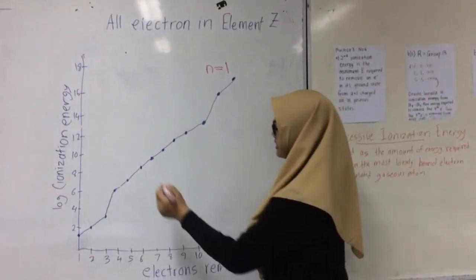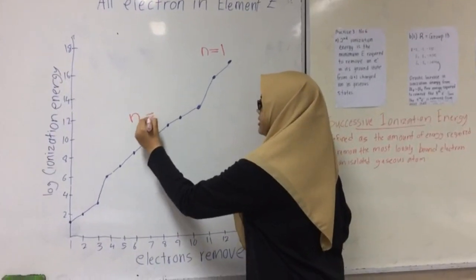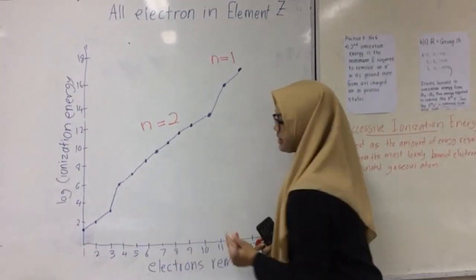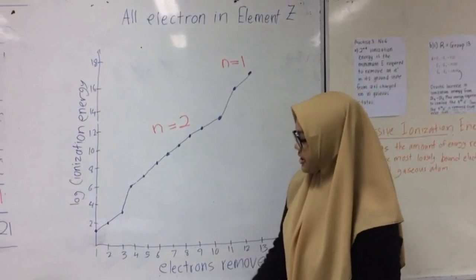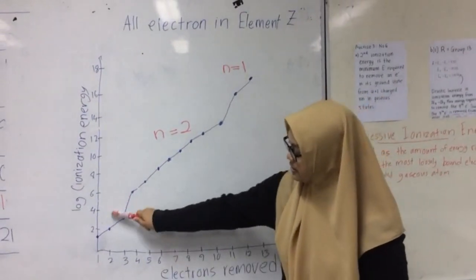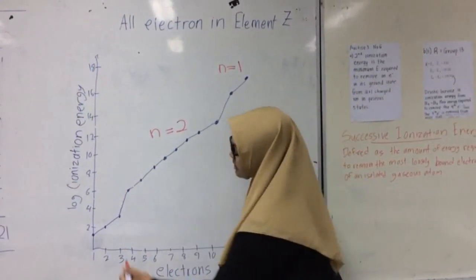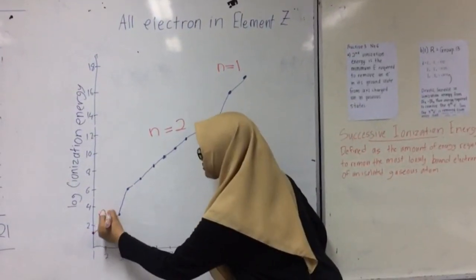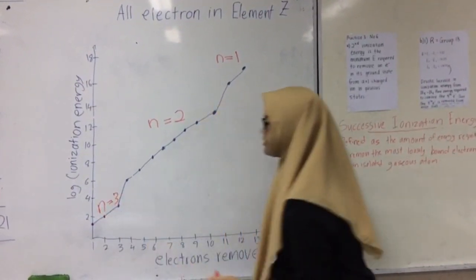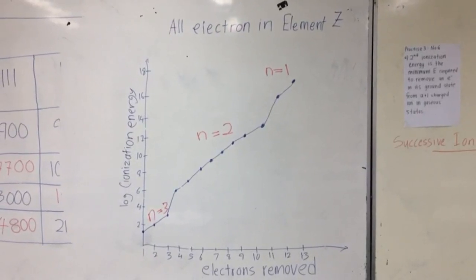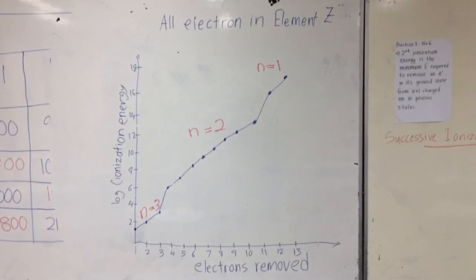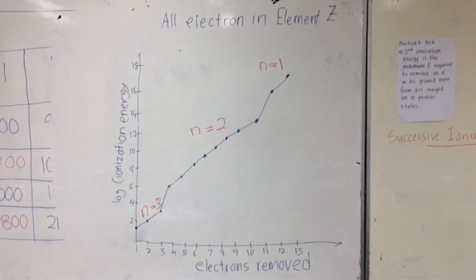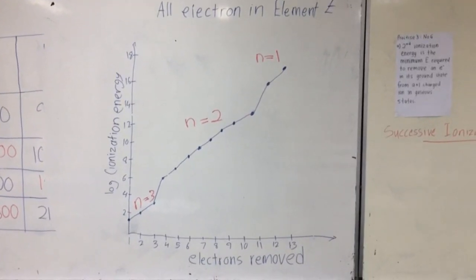Then we get n equals 2 in the middle, and there's another drastic change here. So at the first ionization energy, n equals 3. From this graph, we know that element Z has 3 valence shells. So we know that Z is from group 13 and period 3.